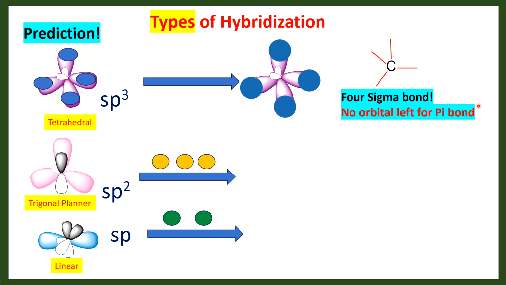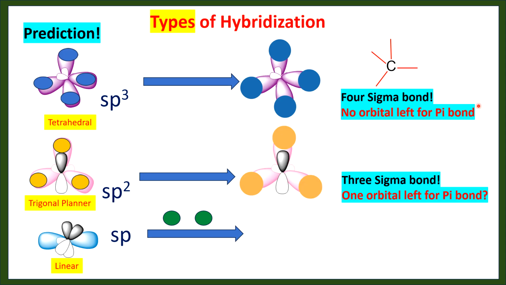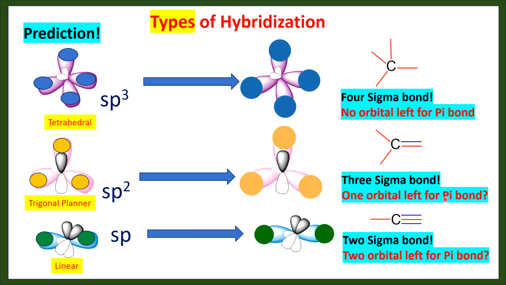In the same way, sp2 undergoes chemical bond formation with three different atoms, so three sigma bonds are formed and one p orbital remains for one pi bond. In the case of sp, two sigma bonds are formed with two different atoms and two p orbitals are left for two pi bonds.